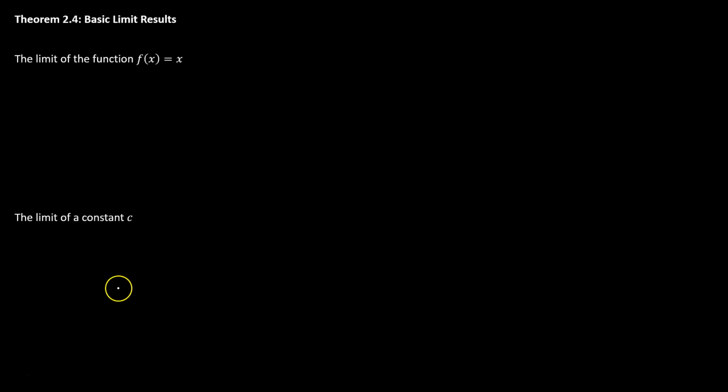Let's start with two basic limit results. We have one limit result for the simple case where we're looking at a function that's equal to x. If I want to know the limit for this function, x, where x is approaching some number a, well, this notation at the bottom, x is approaching a, it's basically saying we'd like to replace x with the value a.